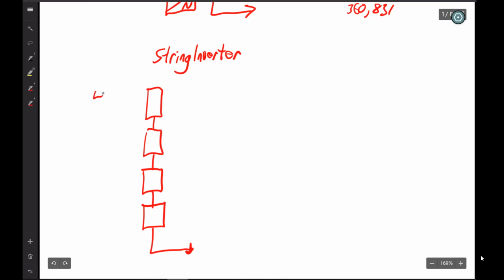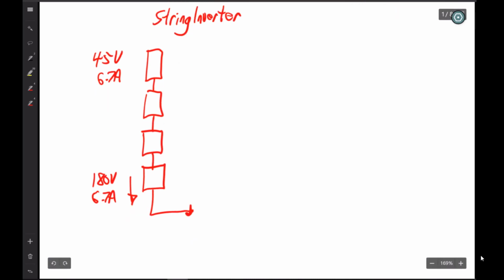If each module has the same characteristics as I mentioned before, 45 volts and 6.7 amps, then the output of this will be the combination of 45 plus 45 plus 45 plus 45, which is 180 volts, and the current remains fixed at 6.7 amps. And this goes into a string inverter.